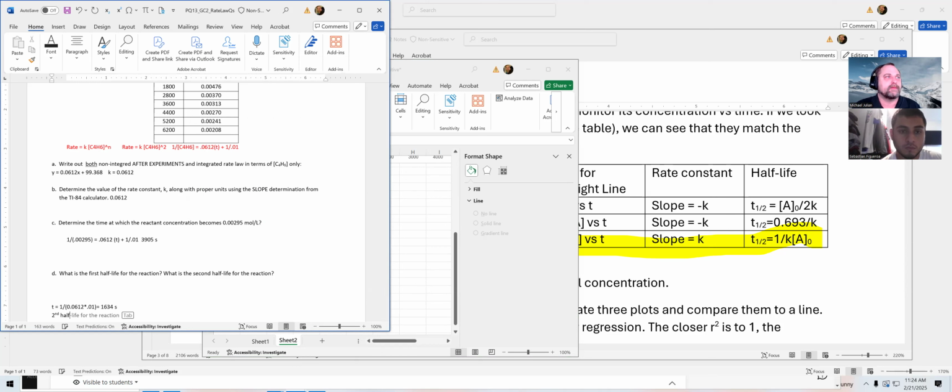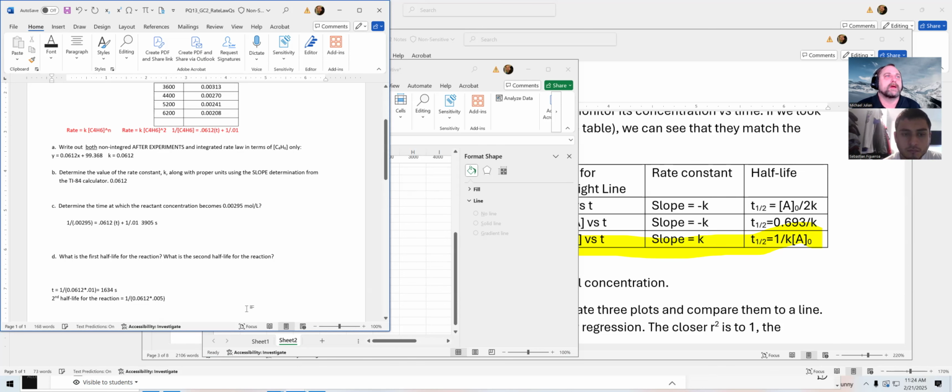So the second half-life will be 1 divided by our 0.0612 times, and we want where it's at already at half. And so our half concentration was 0.005, and we'll just use that as the new initial.